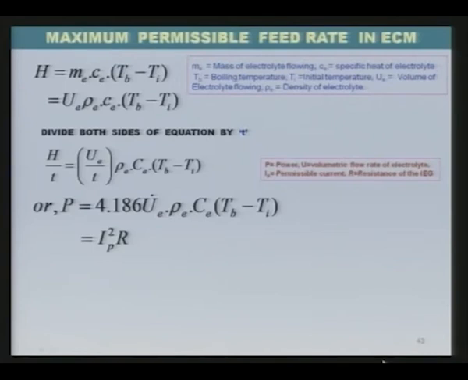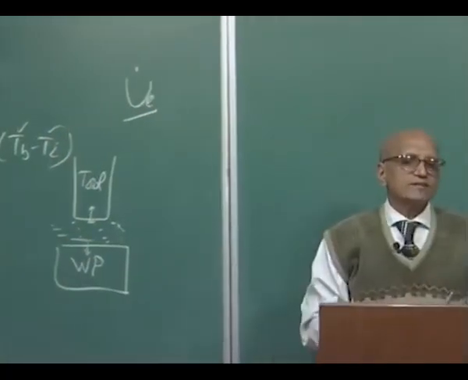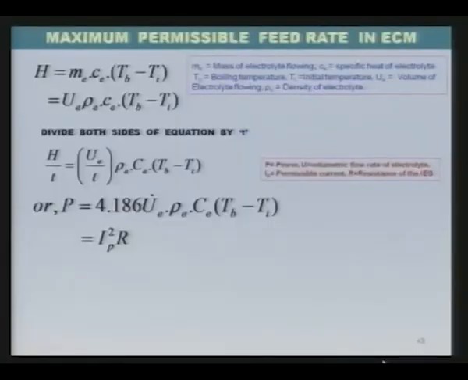Here U dot_E indicates the volumetric flow rate of the electrolyte, and 4.186 is the Joule's constant, and this can be written as equal to I_P squared R, where I_P is the permissible current that can flow in the interelectrode gap, and its value is determined on the basis such that it does not permit electrolyte to boil, or it does not permit electrolyte temperature to go above the boiling temperature, as we have already made the assumption.